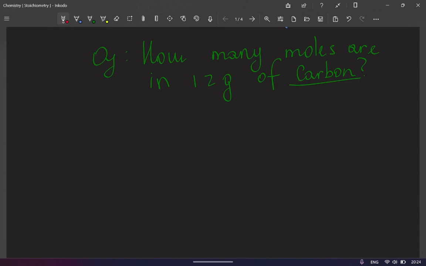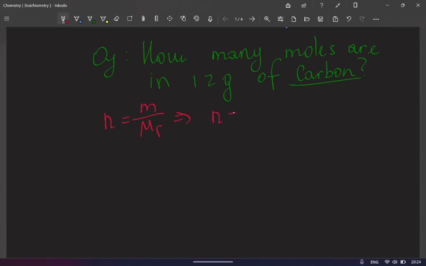We just use our formula, where number of moles is equal to mass divided by molar mass. The question is asking us to find number of moles.